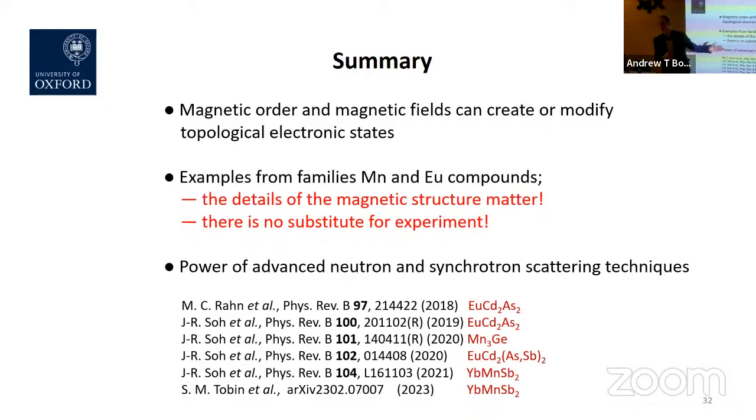The manganese compounds are much more correlated. So the manganese d orbitals are actually partially conducting. They're represented in the Fermi surface. So those are much more conducting, and I think it's much more difficult then to calculate band structures meaningfully for those materials.